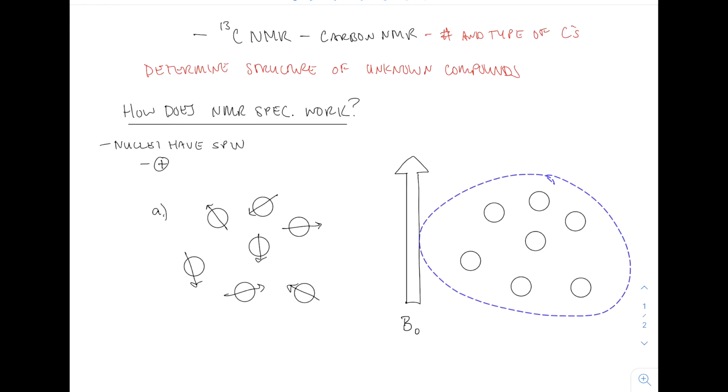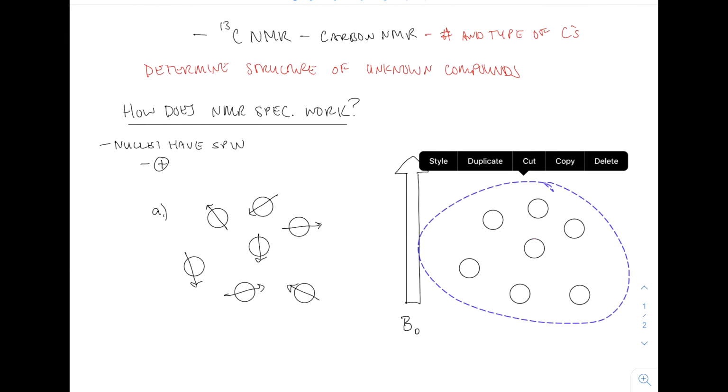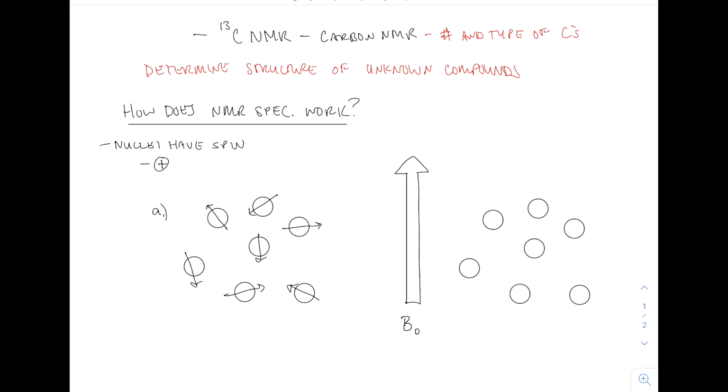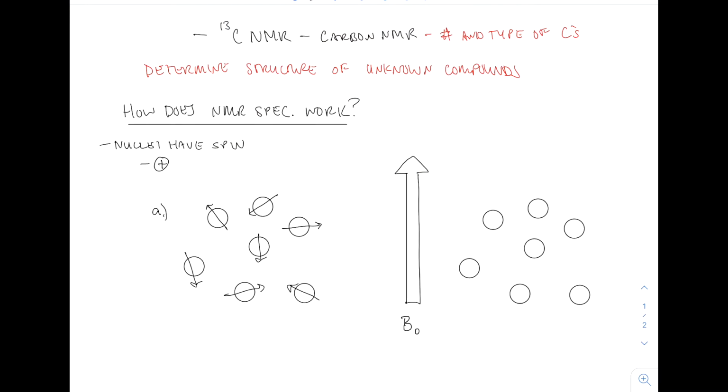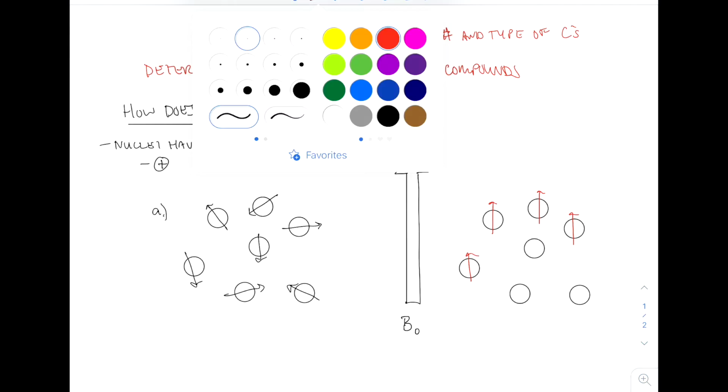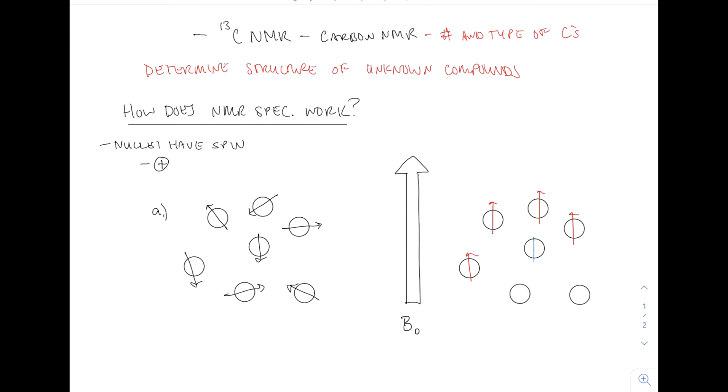And let's say we still have those same nuclei, and now, however, we've got a population of those nuclei having a spin in the same direction as the applied magnetic field, and then we also have a population of those nuclei in the opposite direction.